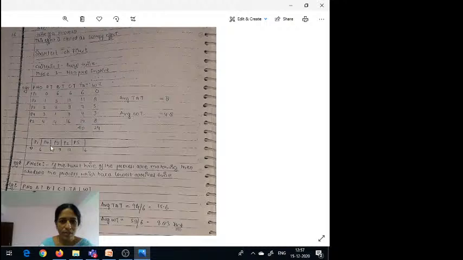Because in shortest remaining time first, while some process is executing in the CPU, if another process enters the ready queue with a smaller burst time, the process executing in the CPU is moved out, and the minimum burst time process enters the CPU, so the average waiting time is minimized.